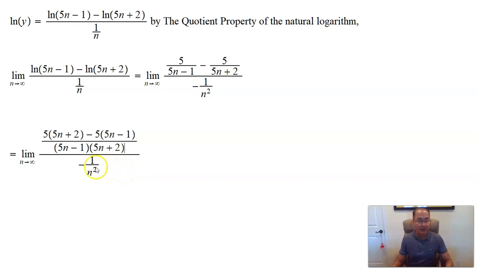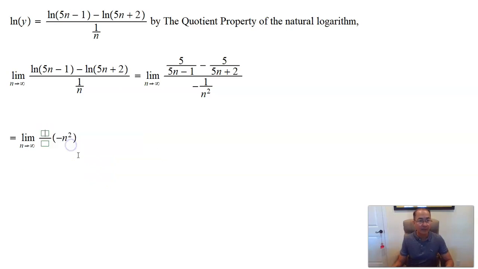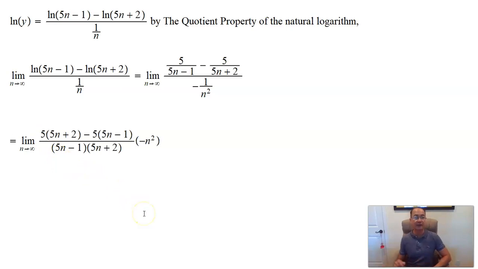Okay. And then we are going to flip this into the numerator. So 1 over 1 minus n squared, that becomes minus n squared. Okay, so that goes away. And you know what? Let's simplify and get rid of that compound fraction entirely.